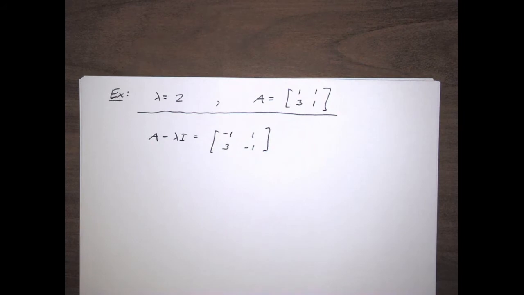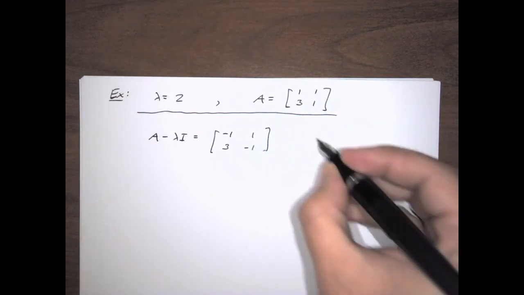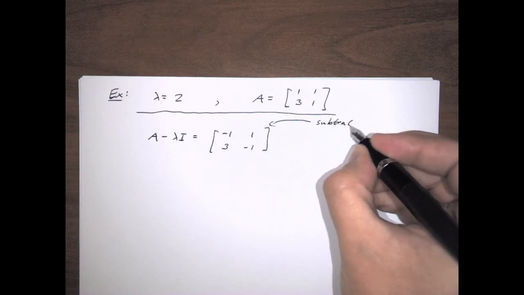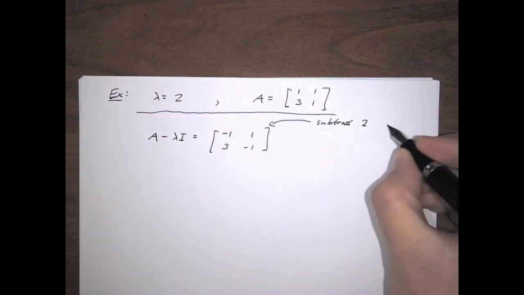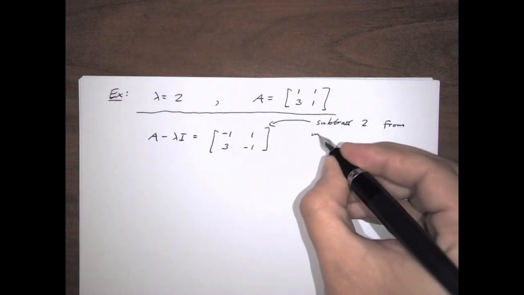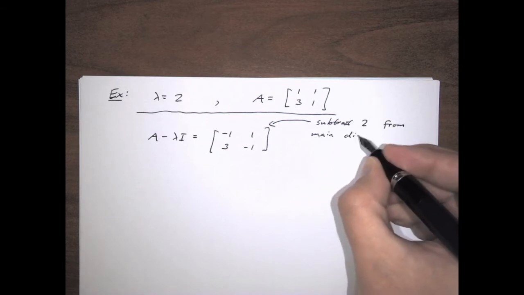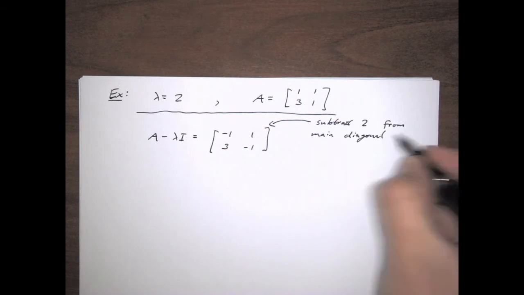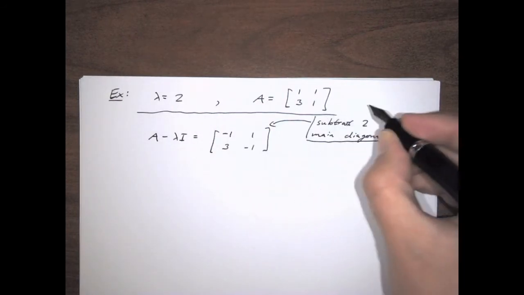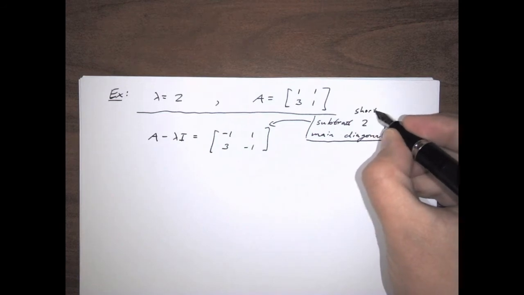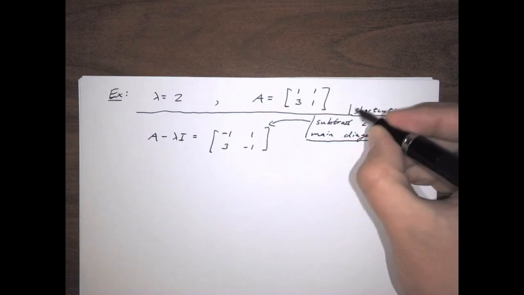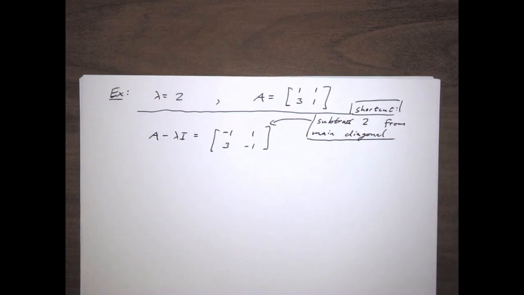What we just did here was subtract 2 from the main diagonal. That's the express path, a shortcut.